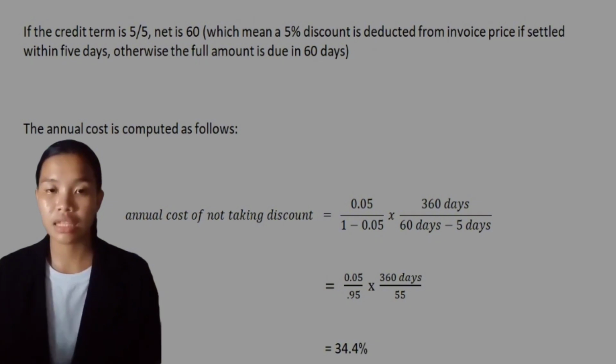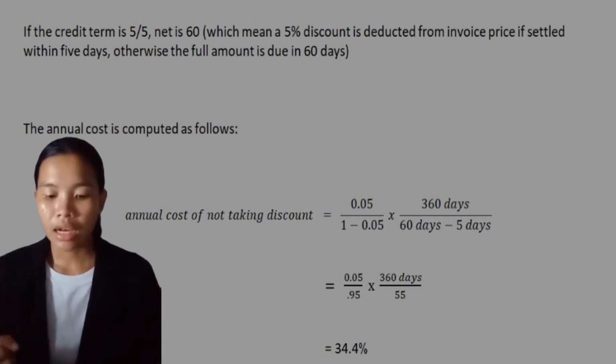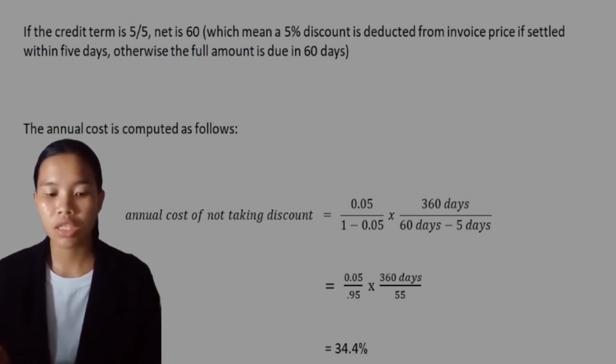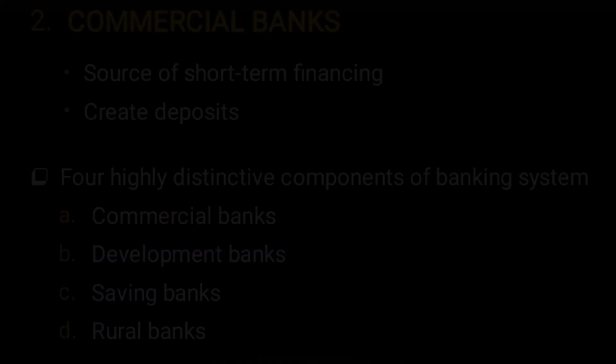So, it is 55 days. So, we get the annual cost, which equals 34.4%, which is the annual cost of not taking the discount.